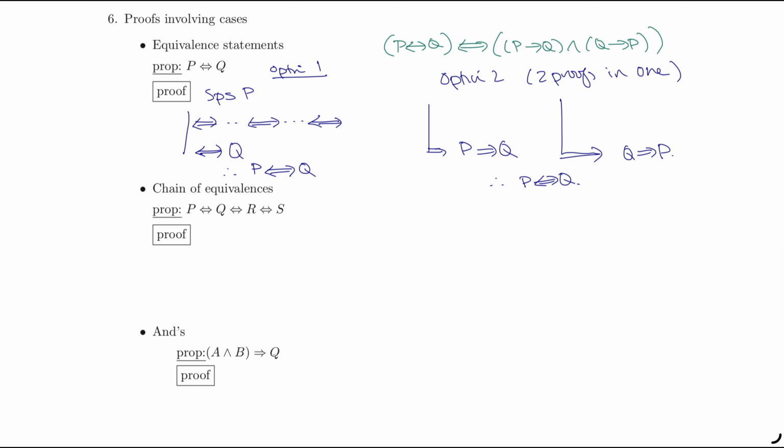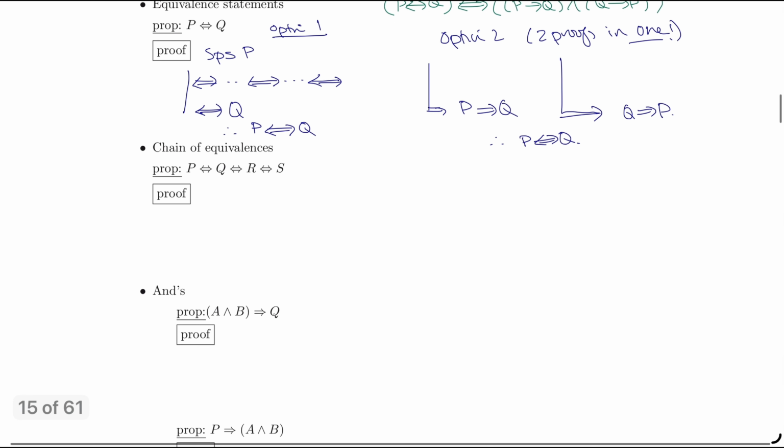All right, so bonus proof. Now, what if you have a chain of equivalences? Something like, the following are equivalent: P, Q, R, and S are all equivalent statements.